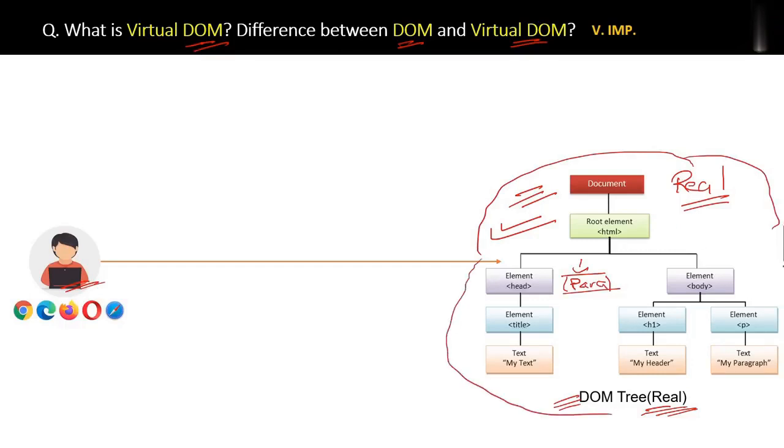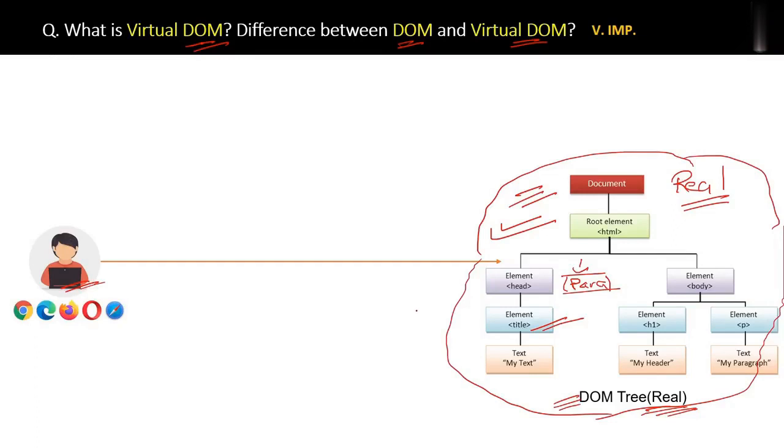For example, you are just changing one element's title text in the title tag in HTML. Even then the browser will recalculate and re-render the whole layout of the entire page, which will refresh the entire DOM, which is very time consuming. That time consumption will increase the load time of the web page, and that is the speed or performance problem.